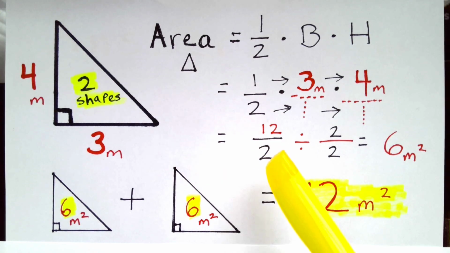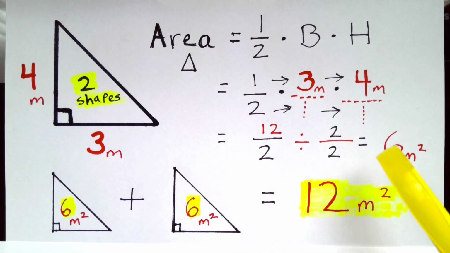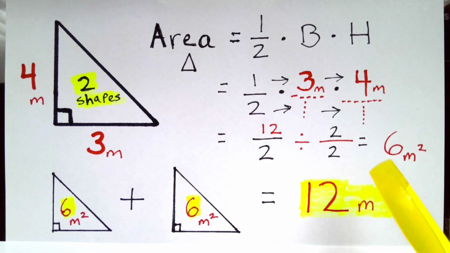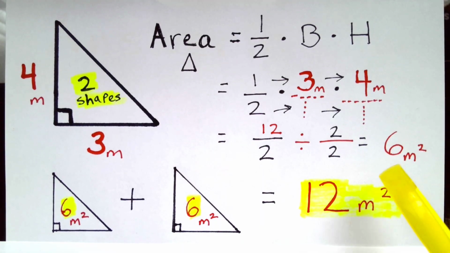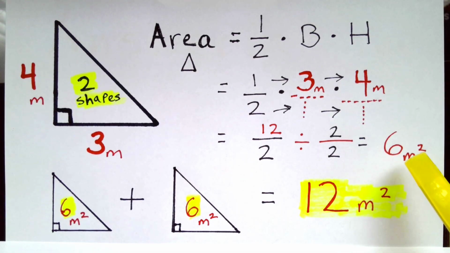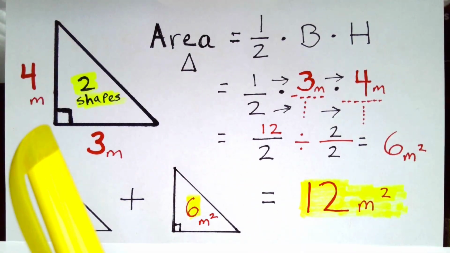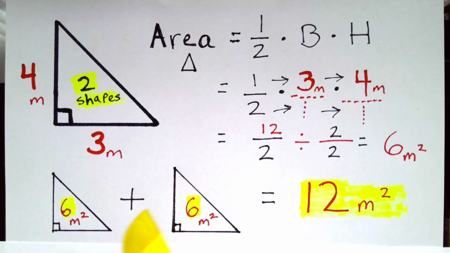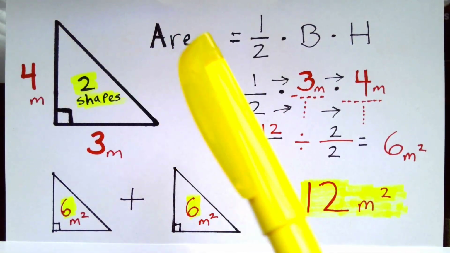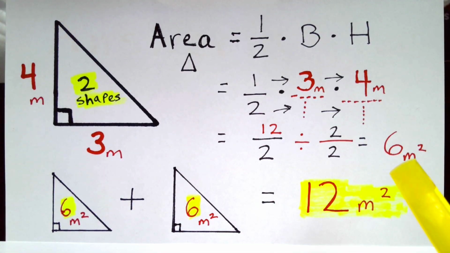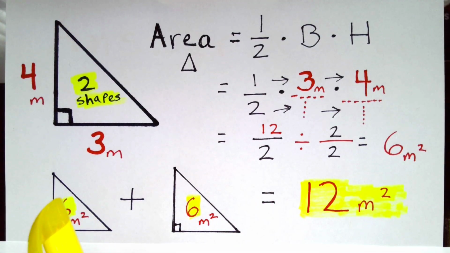Or I can divide the smallest even number, 2, into top and bottom, which also gives me 6. Later in this video, I'm going to go over what makes a meter squared, why this is meters squared. But just to understand, the area of one of these triangles is 6 meters squared.